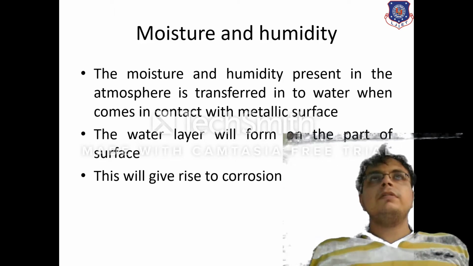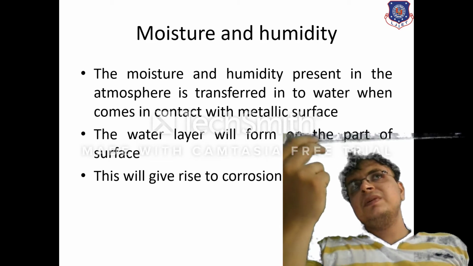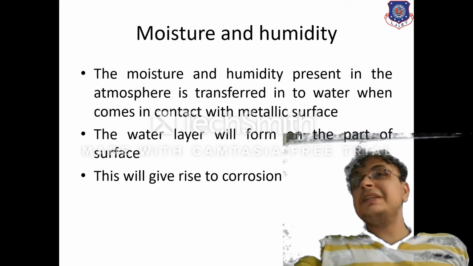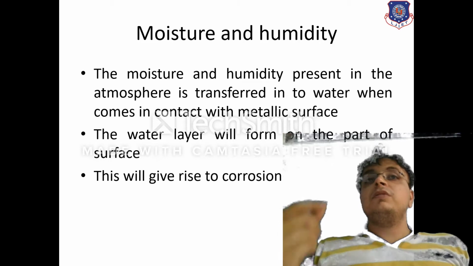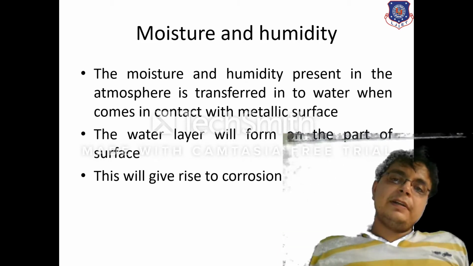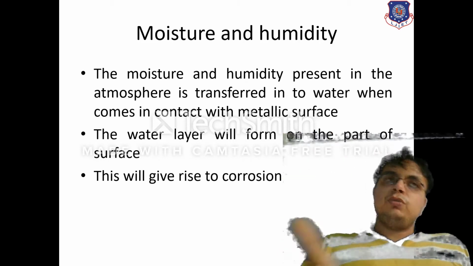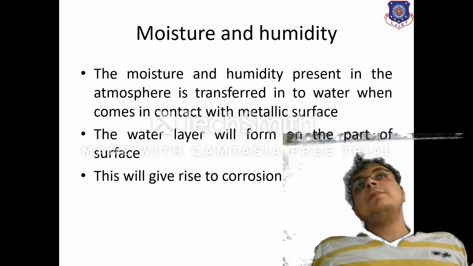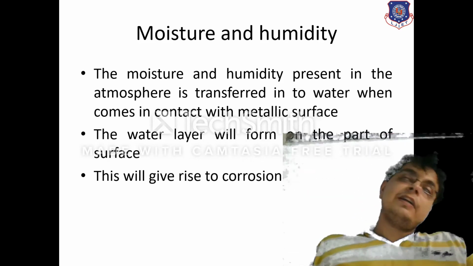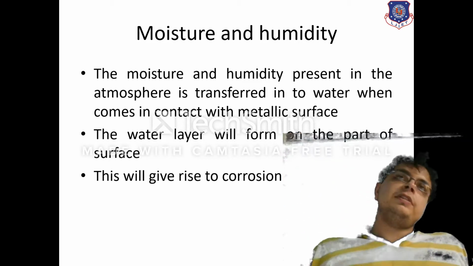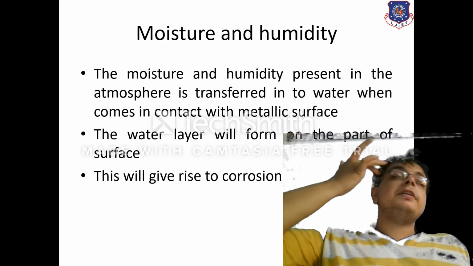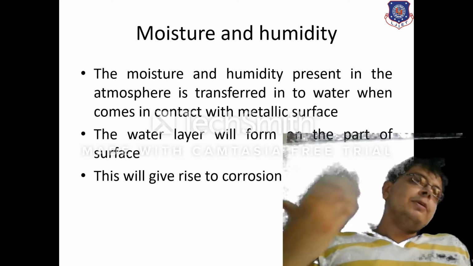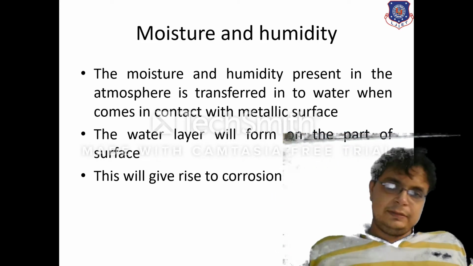We all know that moisture contains some water content. Humidity also contains water content. So ultimately, by coming in contact with the moisture or the humidity, the water content will be imparted on the surface of the metal or any element.